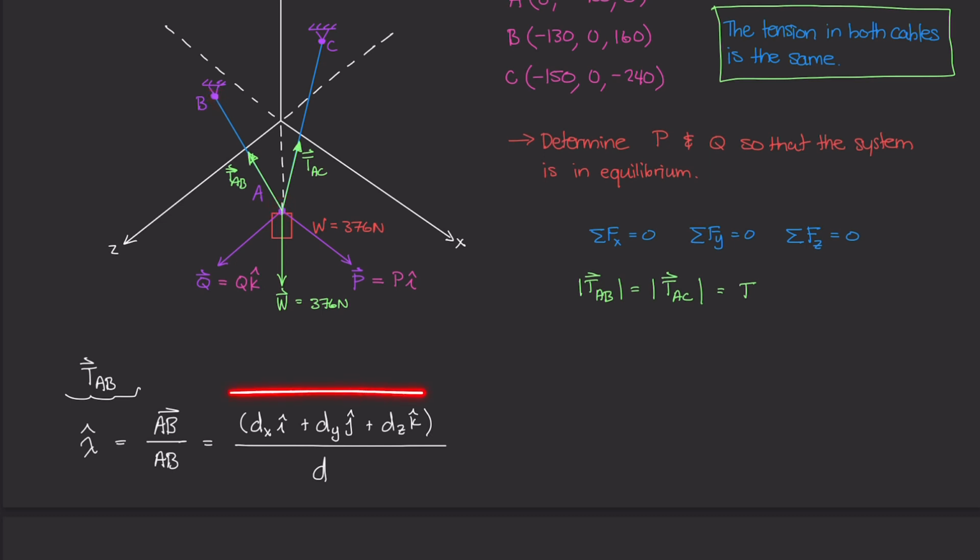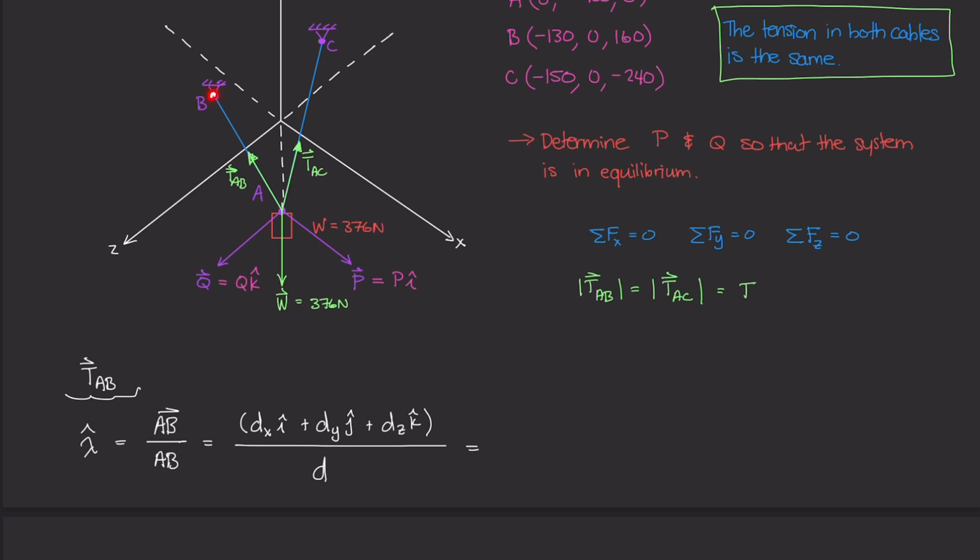Okay, so let's try to break this down even more and figure out dx, dy, and dz. So for dx, we know that that is the distance in the x direction from the starting point to the ending point. If we're looking at point A and point B, the starting point is point A, and the x-coordinate of point A is this 0 value.